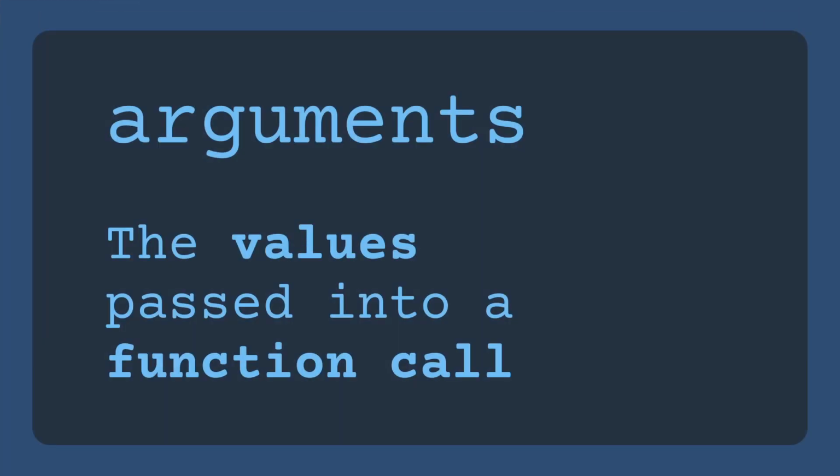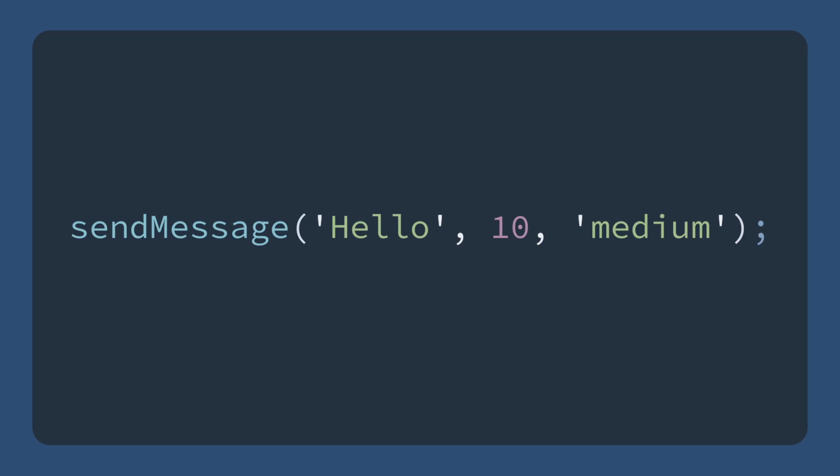Arguments, on the other hand, are the values that we pass into the function during a function call. So now we're talking about the specific moment when a function is called. And in that particular instance of a function call, the values that we're passing, those are the arguments. They are the values that we place inside of the round brackets in a call. Here we have some literal values being passed.